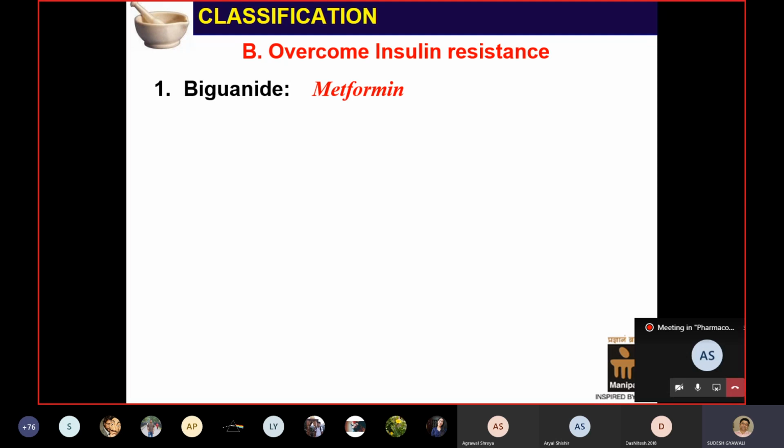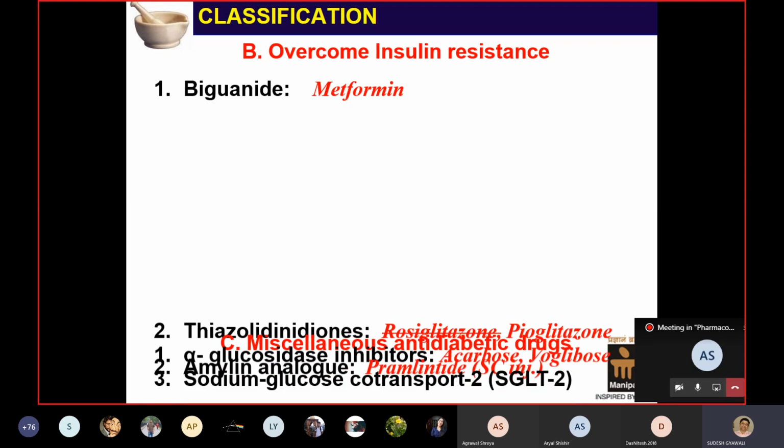Since it is very commonly used, it is very important, clinically as well as from a pharmacology exam point of view. So we will be talking about metformin, and please underline this drug. You have to know this drug very nicely, sometimes even in detail. Very important group of drug, okay.